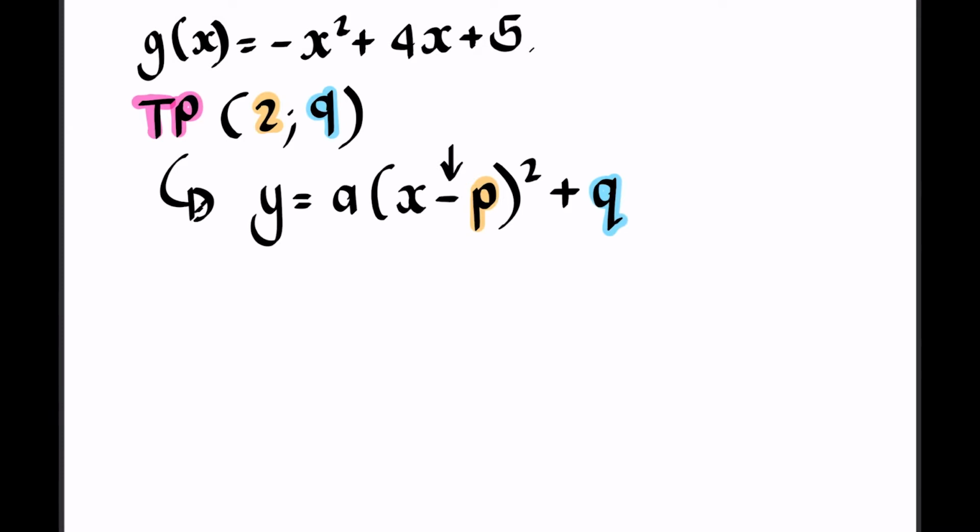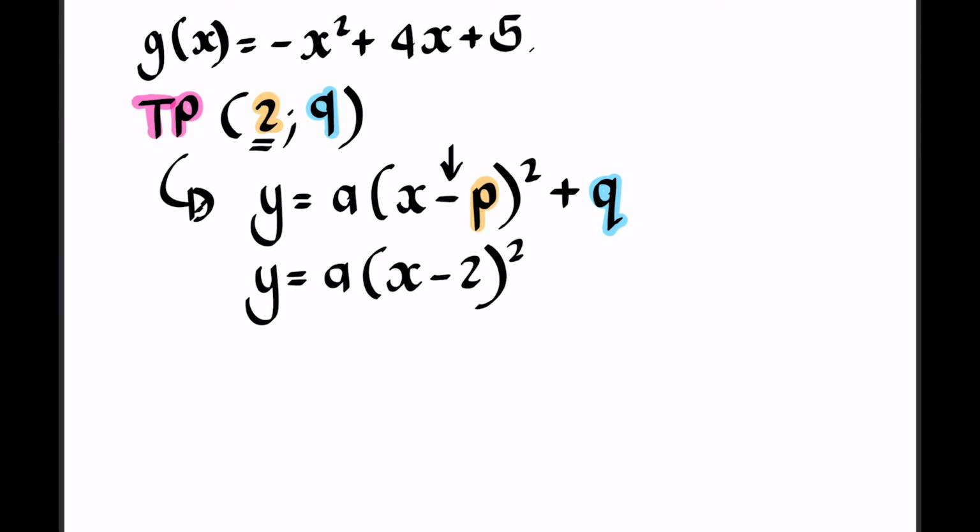Remember that if you're given the p, as in the x coordinate of the turning point graphically, you just need to change whatever that sign is graphically to the opposite sign in the equation. So for example, here the x value graphically is a positive 2, which means that when I substitute that in, y is equal to a into x minus 2, all squared.